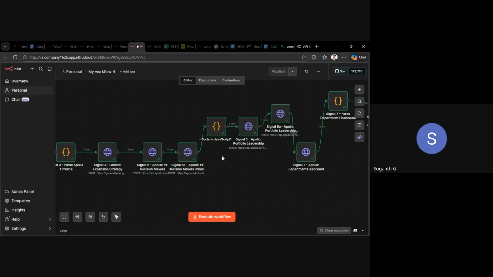So that workflow is already achieved by Vinod. And we will also achieve it using OpenClaw for LinkedIn outreach, email outreach, and SMS outreach.